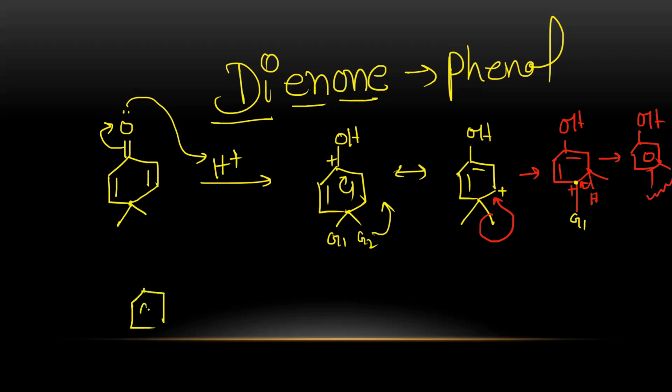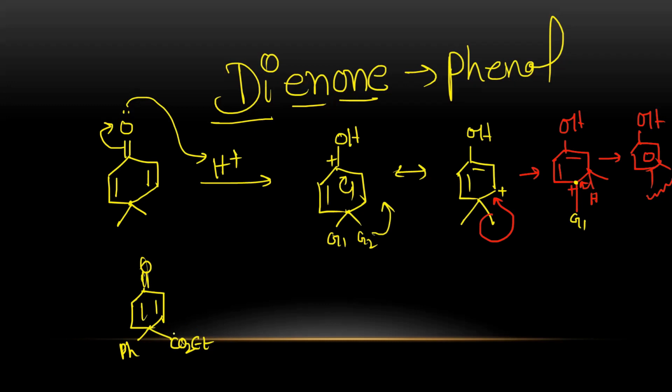Now if two groups are given like this, double bond O, for example, one is phenyl, another one is CO2Et, then obviously, if phenyl migrates, then the positive charge will be with CO2Et, and CO2Et is an electron withdrawing group, and that will be very much unstable.